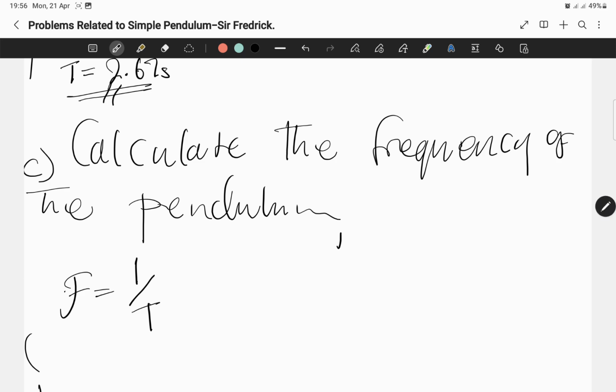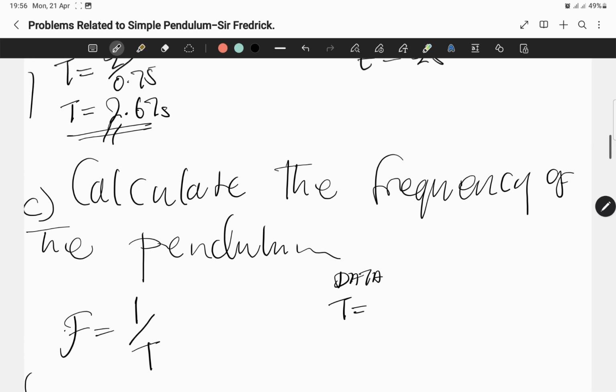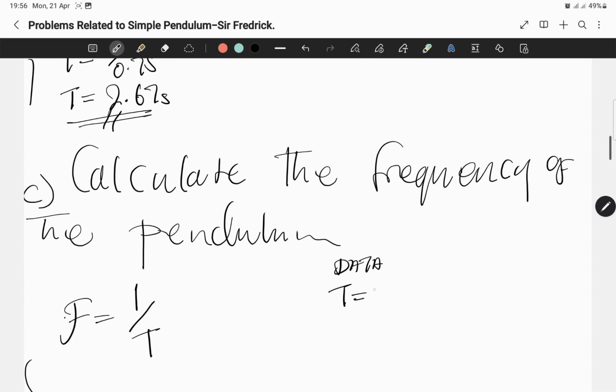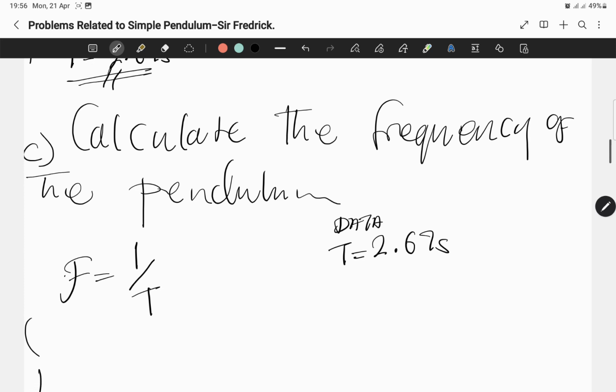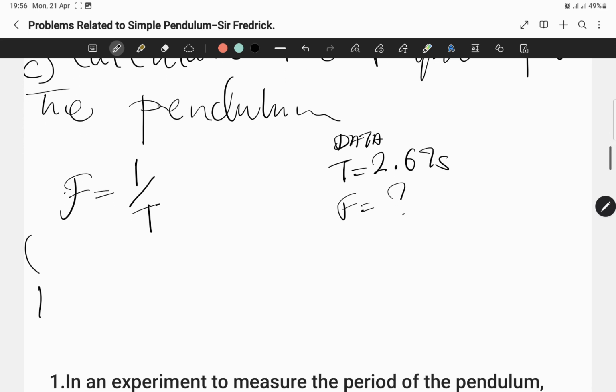So let's correct the data for this part of the question. The period of the pendulum we've calculated just above there is 2.67 seconds. Then what are we looking for? We are looking for frequency.